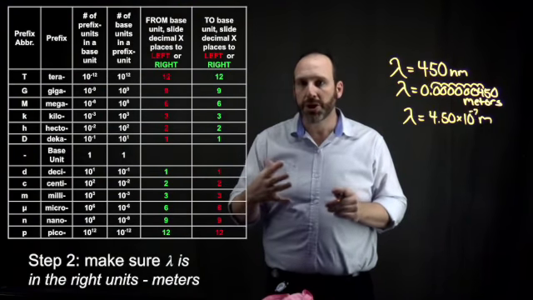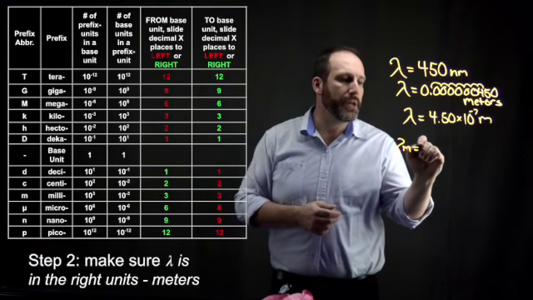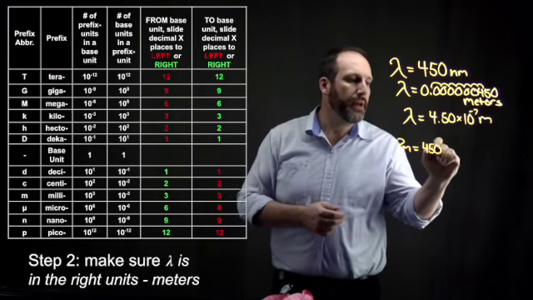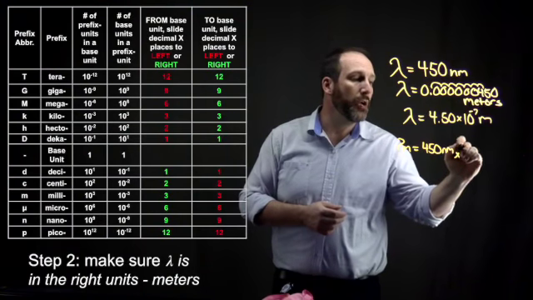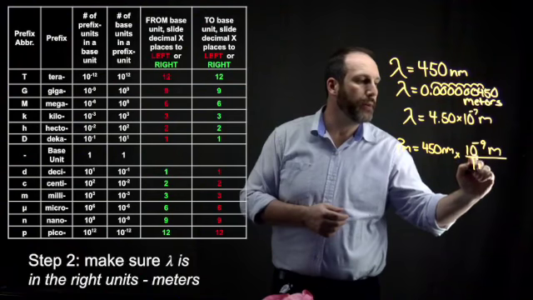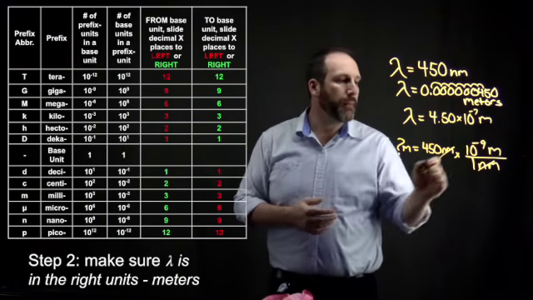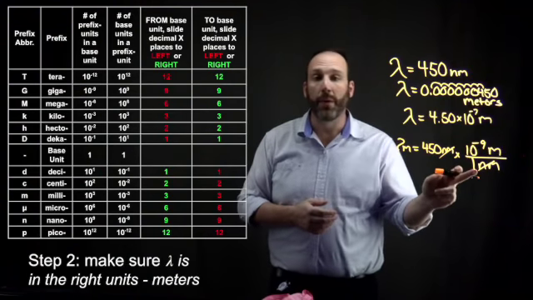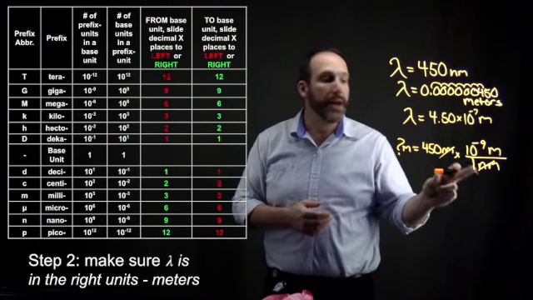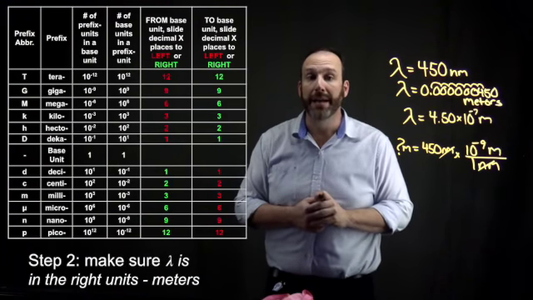Some dimensional analysis that we could do there is to say, okay, how many meters are equal to 450 nanometers? Well, I know that there's 10 to the minus 9 meters in every 1 nanometer. So nanometer is going to cancel on the top and bottom, there's just a 1 left in the denominator, and so what I've got is 450 times 10 to the minus 9 meters.